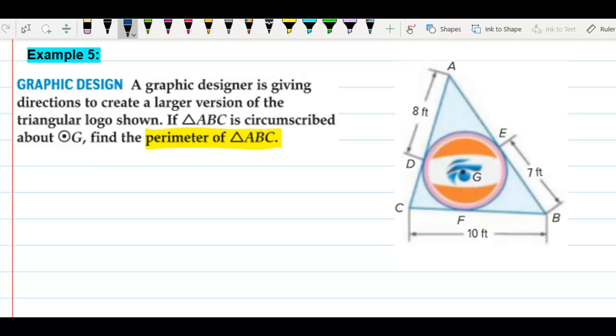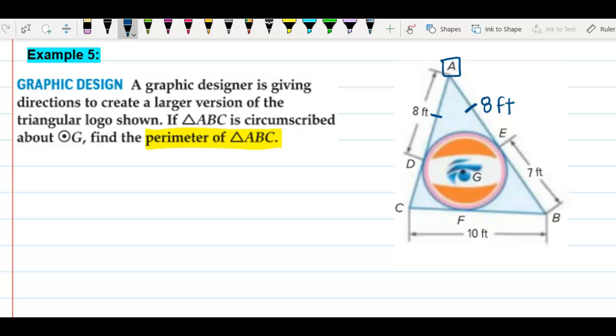So all of these lines are tangents to the same circle G. So if they start at the same point and they're tangent to the same circle, those lines are congruent. So if I start here at the top, AD is tangent as well as AE. Okay, they start at A and they're tangent to the same circle. So this side AE would just be 8 feet.